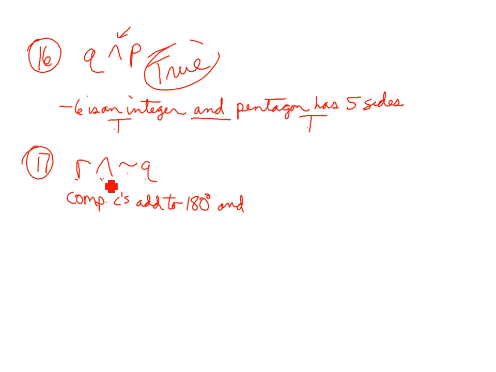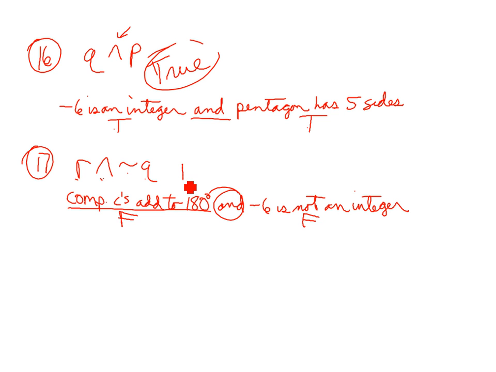Q is -6 is an integer, so we want to say -6 is not an integer. This one, complementary angles add up to 180, that's false. We've got and, so it really doesn't matter what the second one is, but we're going to do it anyway. -6 is not an integer, that's false also. That tells us this whole thing is false.